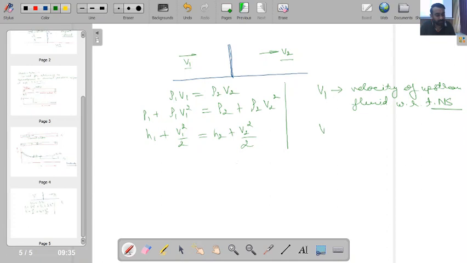Similarly v2 was the velocity of downstream fluid with reference to the normal shock wave. That is something which we have to explicitly understand over here. Whatever analysis we were presenting was not for motion of fluid relative to the ground, it was for motion of fluid relative to the shock wave.